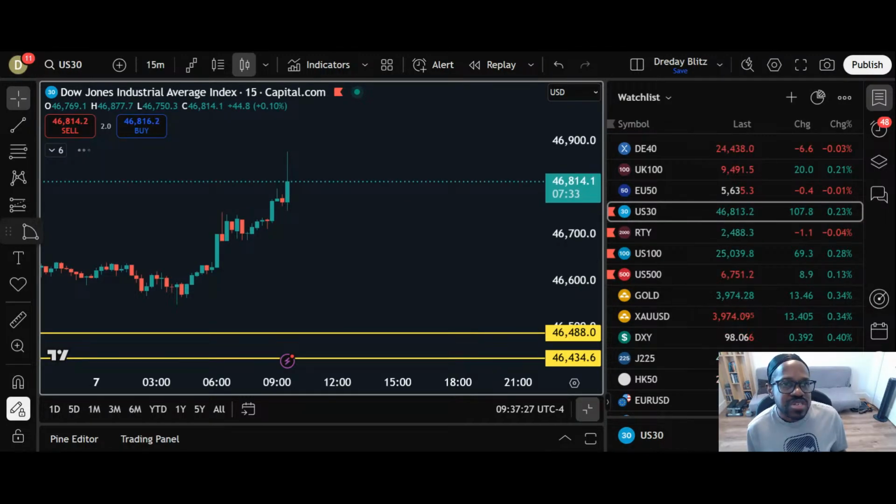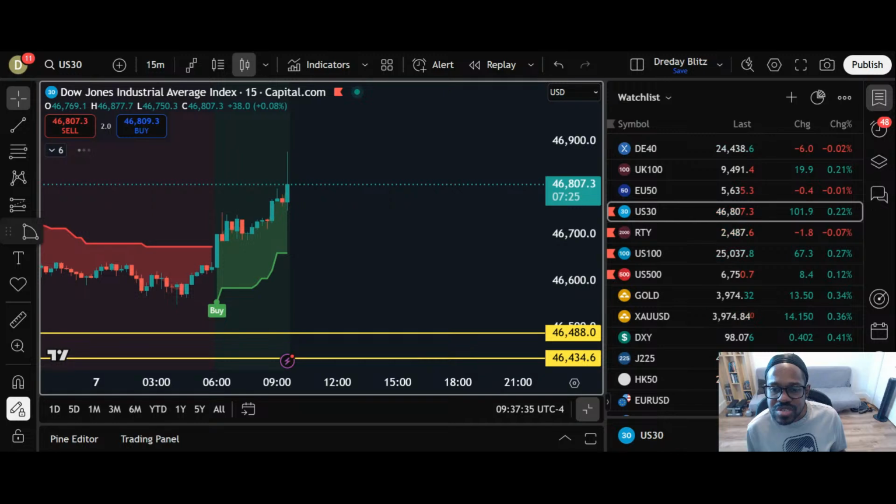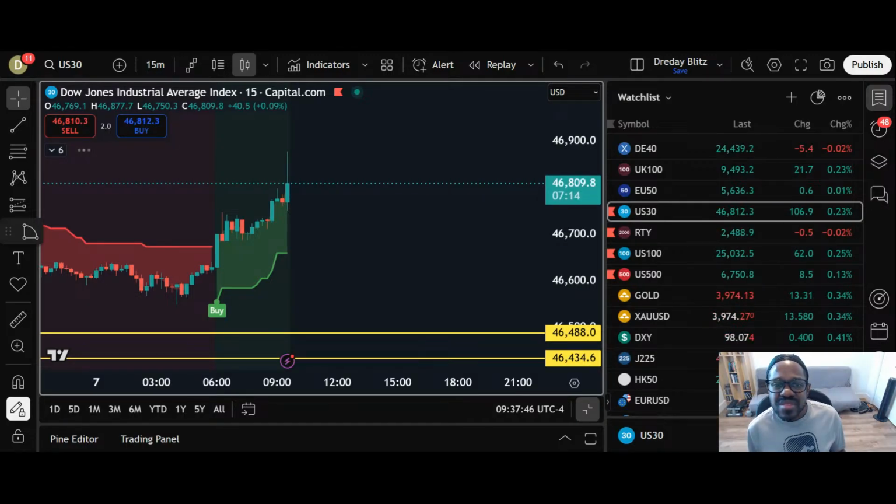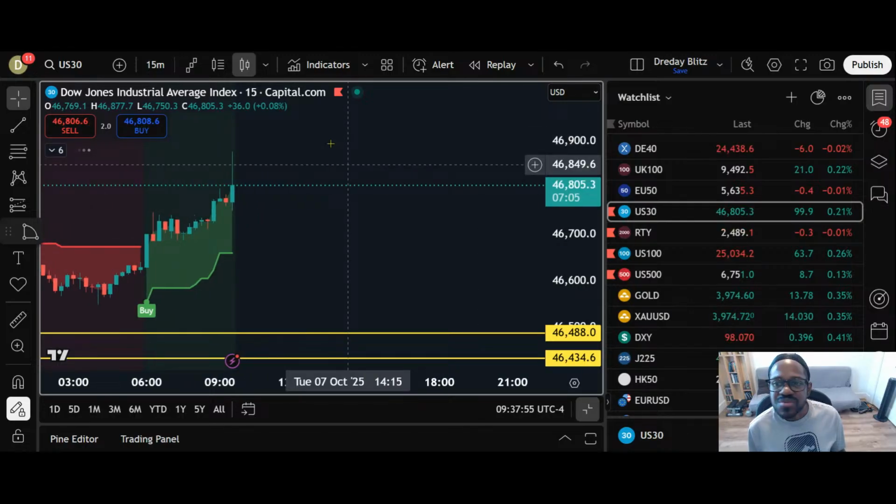But US30, like I said, I'm looking to go down here eventually because it seems to be touching a resistance zone.